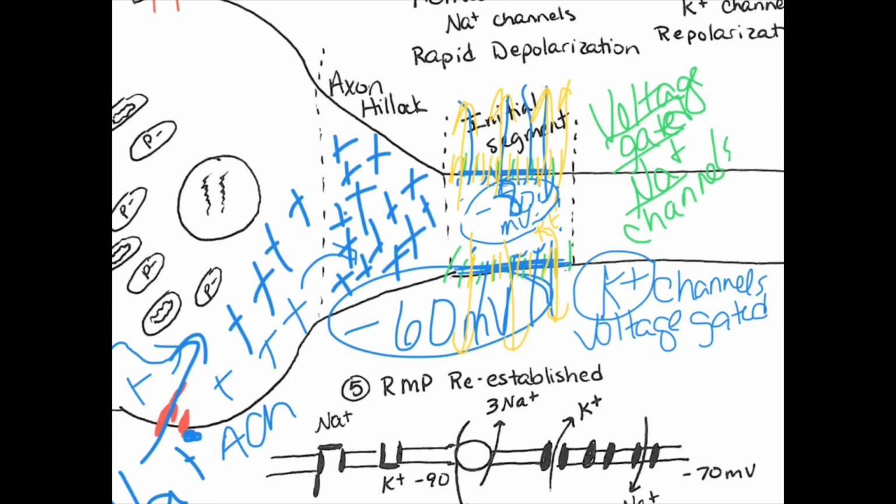Finally, it hits -80 and all the potassium channels are closed. No more potassium is leaving the cell. It's not going to get any lower than -80. And what do you think is going to bring it back up to resting? What did we say maintained the resting membrane potential?